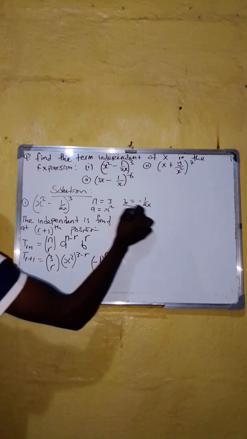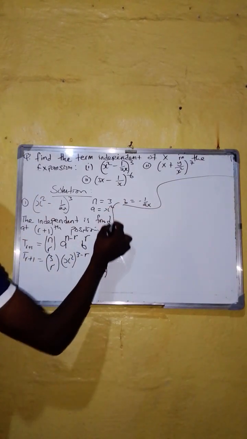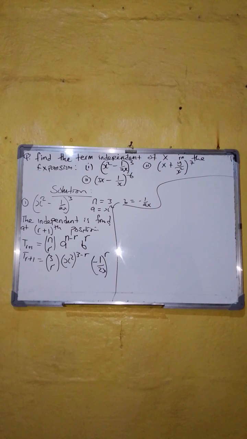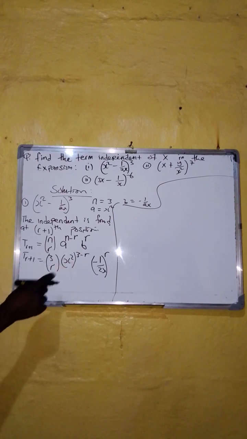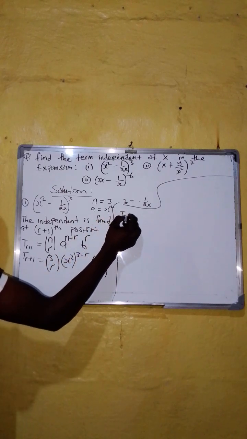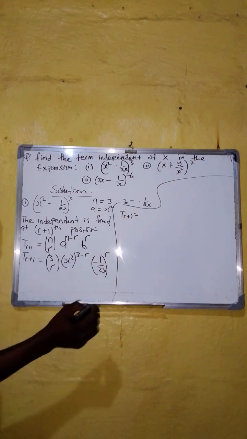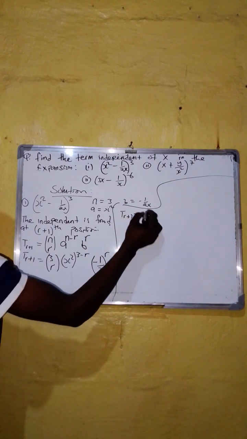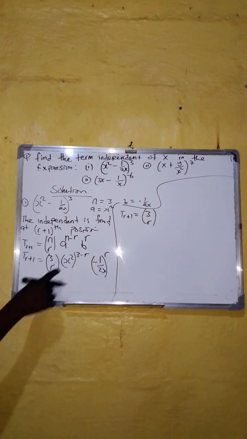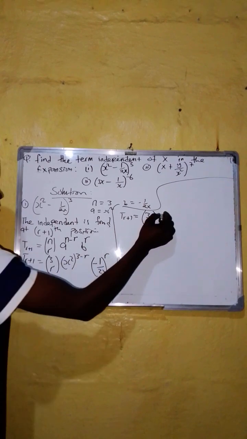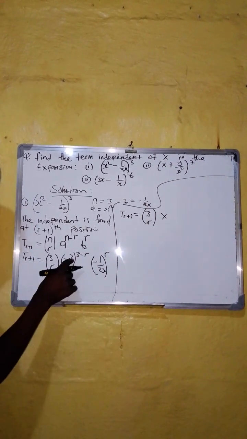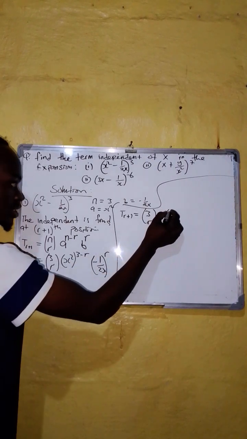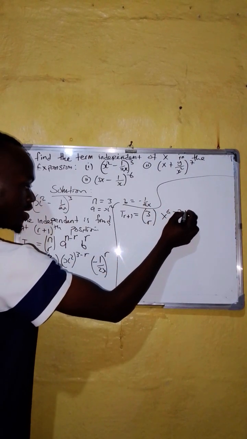Then cleaning it up, we are going to have T(r+1) equals 3 combination r, x squared to that power. Then expanding, this means T(r+1) equals 3 combination r, x squared times that to be x, 2 times this power, we are going to have 6 minus 2r.